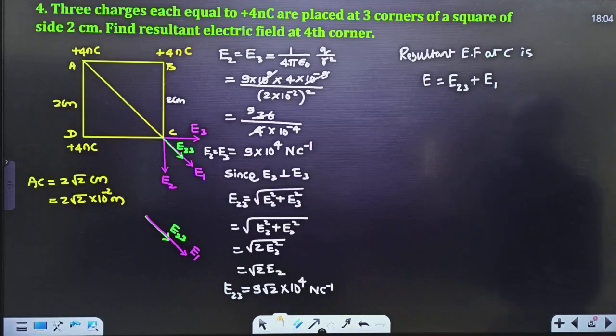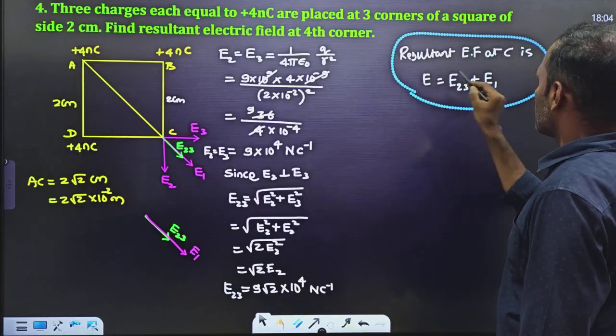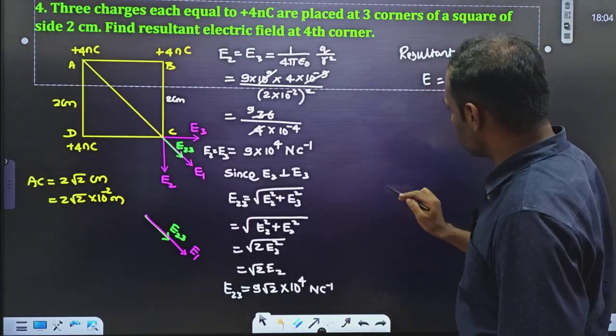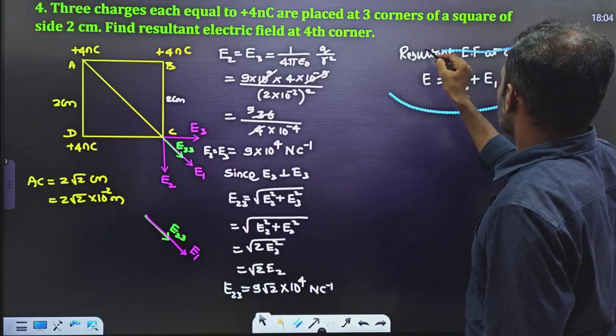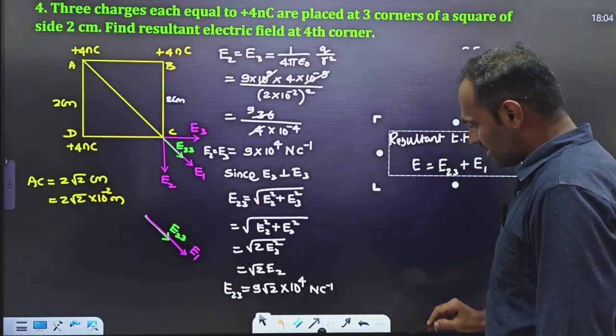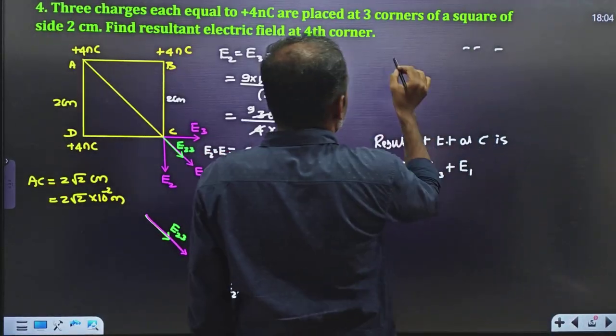So we know E23 plus E1. Now we have to find E1. The E23 value you already know. So let us calculate E1 first, and then we will calculate the resultant. Okay, so let us find out E1.